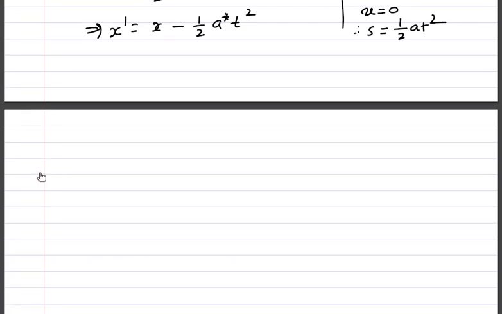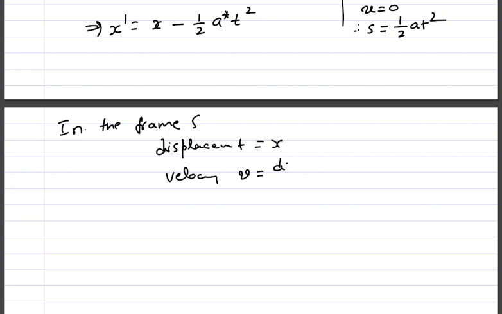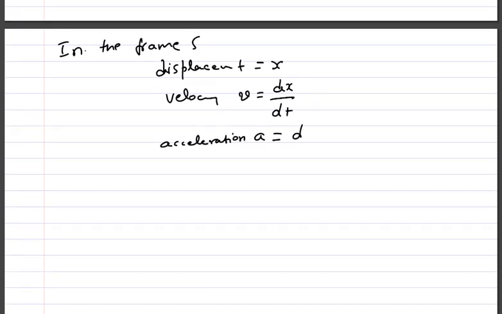So in the frame S, displacement is equal to x, velocity v is equal to dx by dt, acceleration a is equal to, as before, d square x by dt square.